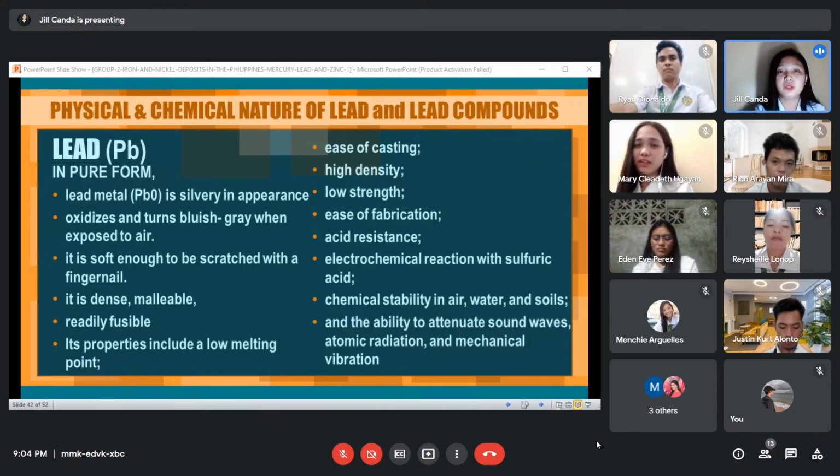Its properties include a low melting point, ease of casting, high density, low strength, ease of fabrication, acid resistance, electrochemical reaction with sulfuric acid, chemical stability in air, water, and soils, and the ability to attenuate. Attenuate meaning reduce the effect of sound waves, atomic radiation, and mechanical vibration.